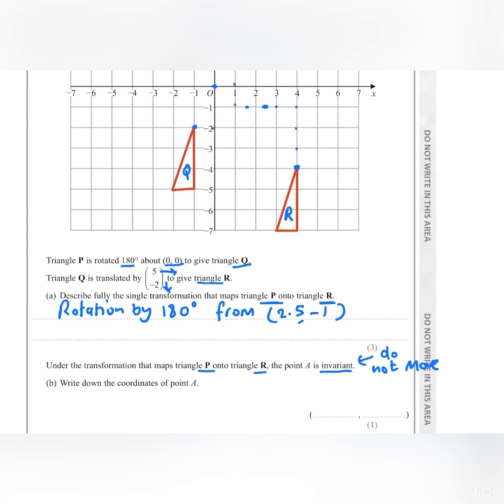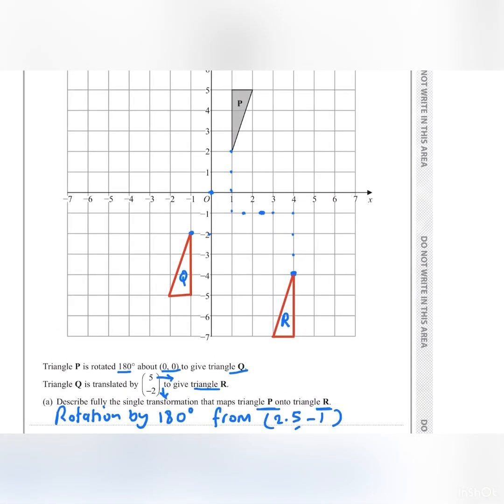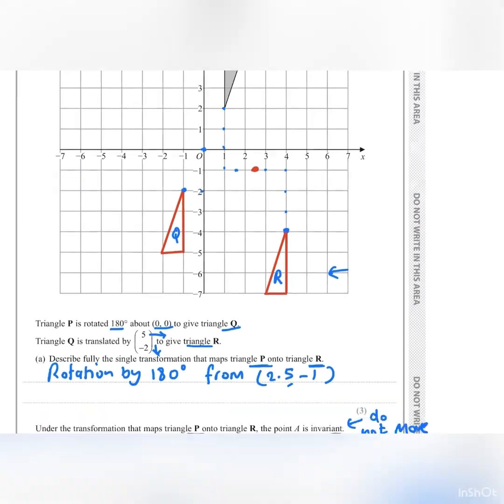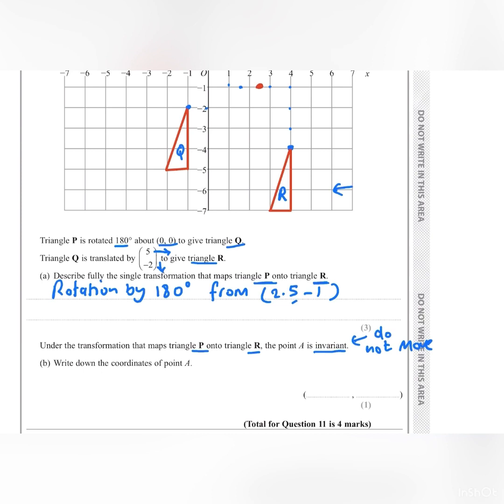Now, if you look at P and if you look at R, all the points have moved. The only point which has not moved under the transformation is the center of rotation itself. So that must be the answer: the only point which has not moved is 2.5 and minus 1. Okay, that's the answer for this question.